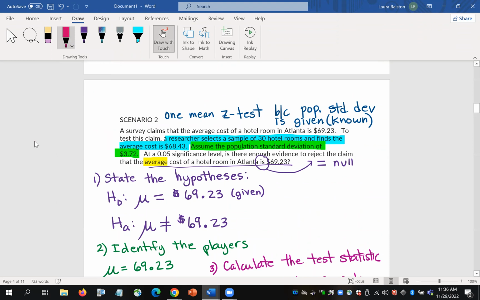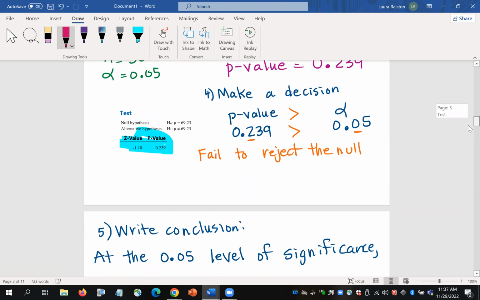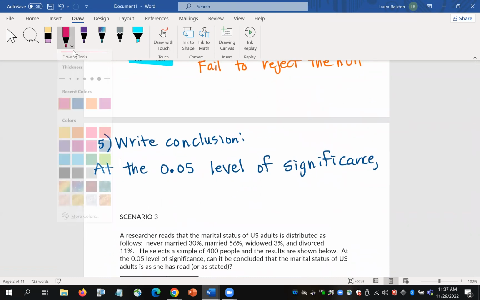Okay, we decided that we fail to reject the null, which means the null hypothesis is true and the alternative is false. So based on the evidence that we have proven that the average cost of a hotel room in Atlanta is $69.23. So that's what we're going to say in our conclusion.